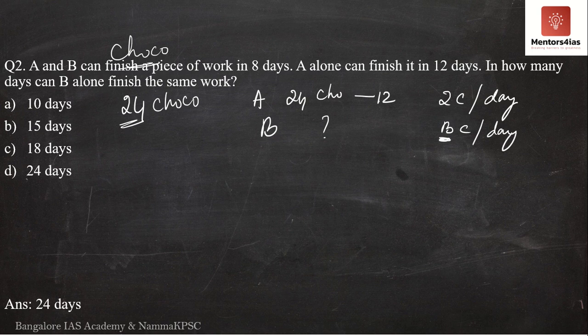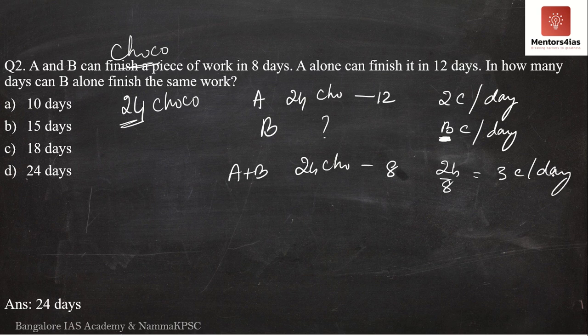I have to find this out. How about A plus B? If 24 chocolates are eaten in 8 days, in 1 day, how many chocolates? 24 by 8. Nothing but 3 chocolates per day. If both A and B are working together, they eat 3 chocolates per day.